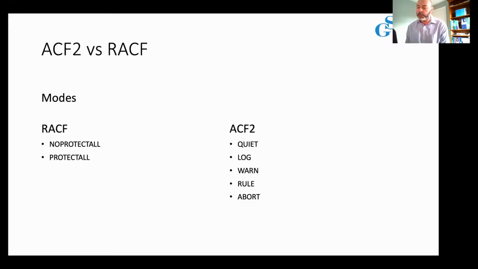So you'd probably set it to warn, and then they would get a message and a log would be cut. Most systems that you will log on to, in fact, I would say pretty much every system you will log on to will probably be set to protect all failures and abort. If it isn't, I would question that with one of your system programmers.